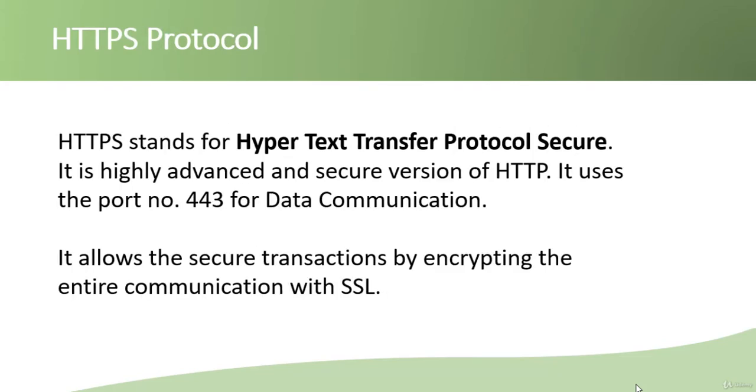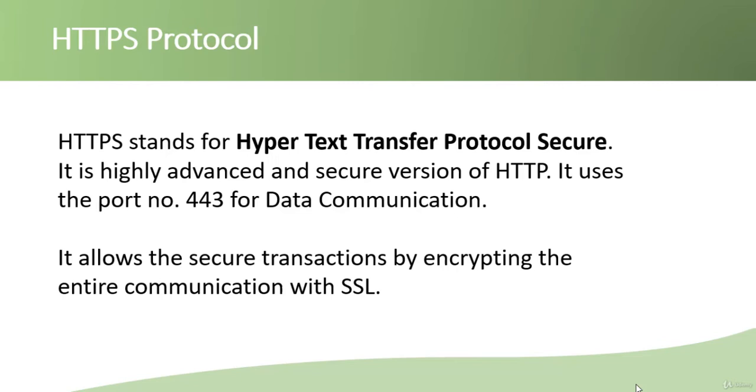Next we have the HTTPS protocol. HTTPS stands for Hypertext Transfer Protocol Secure. It is a highly advanced and secure version of HTTP. It uses port number 443 for data communication. It allows secure transactions by encrypting the entire communication with SSL.